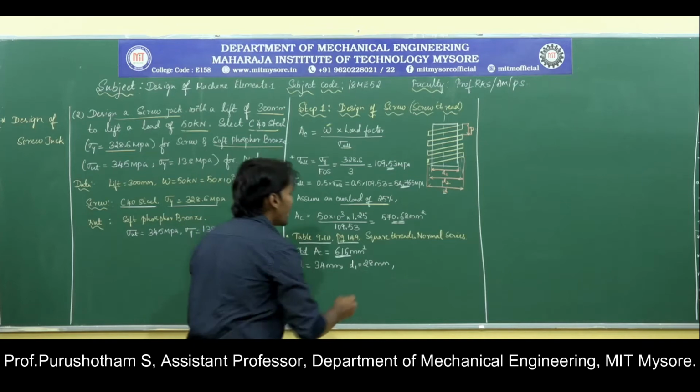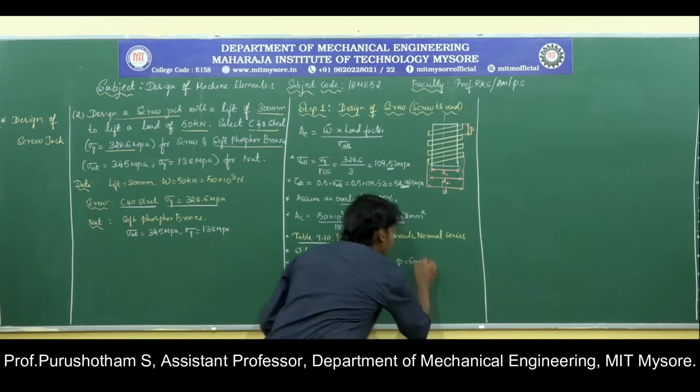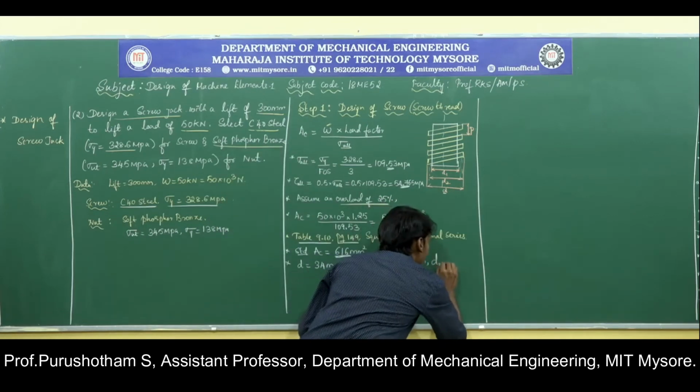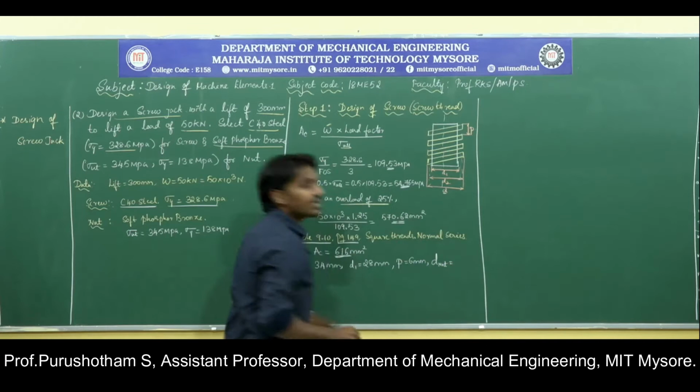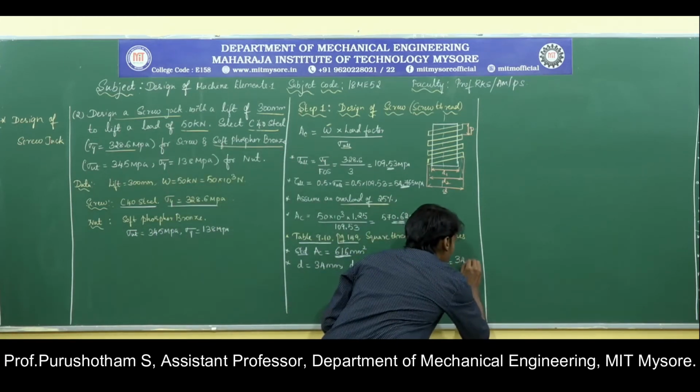Then the pitch value is 6 millimeter. Then D of nut, the major diameter of the nut in the same table, is 34.5 millimeter.